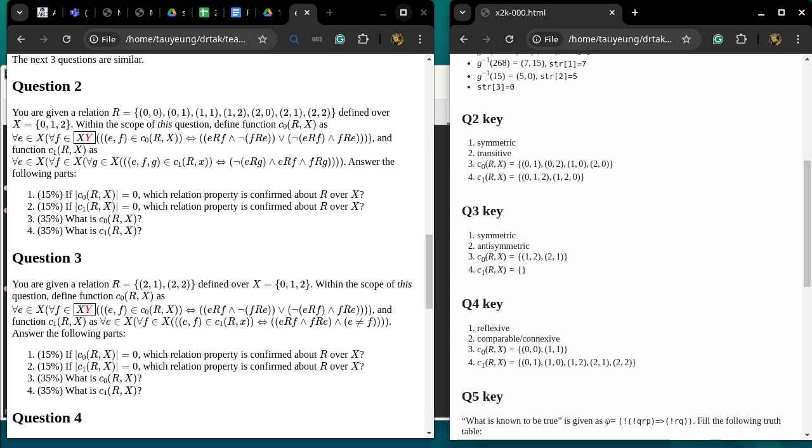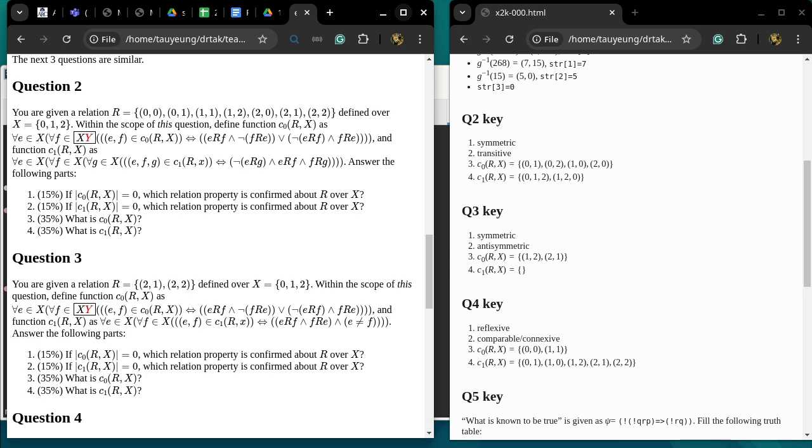C0, on the other hand, is looking for symmetry. So this particular format of ERF and not FRE, or not ERF and FRE, is, I would say, classic exclusive OR, okay?